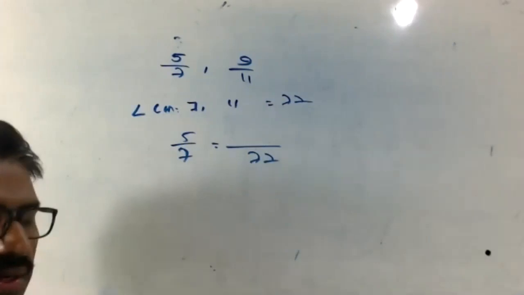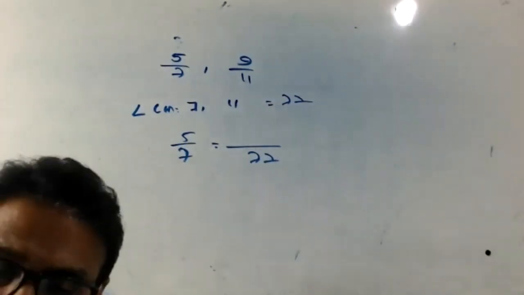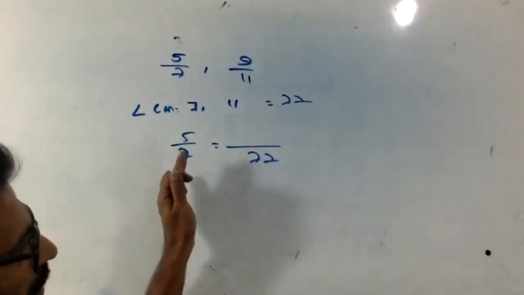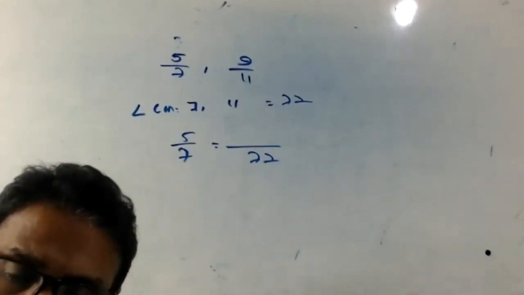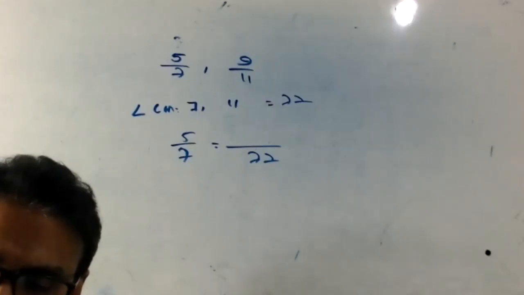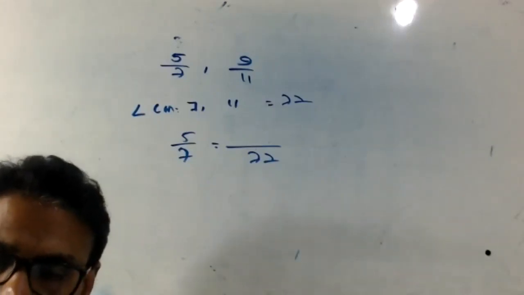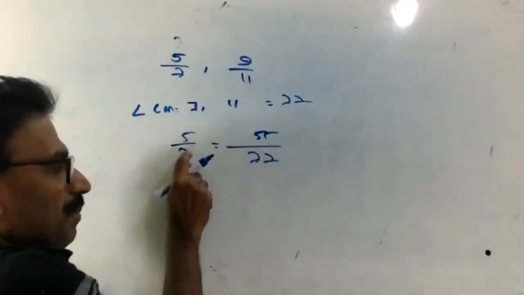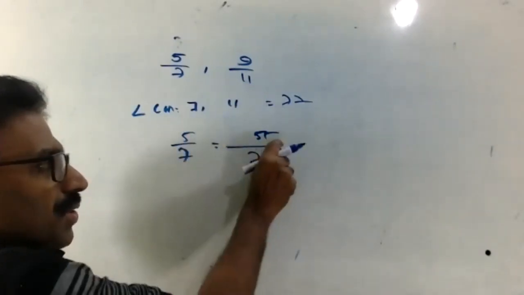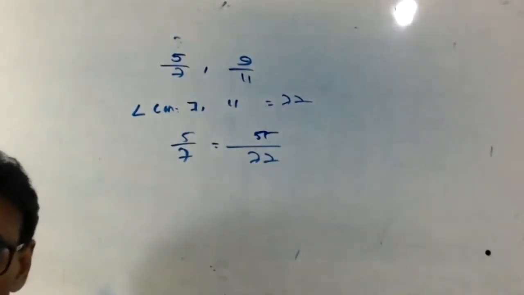How does 7 become 77? We have to multiply by 11. So 5 by 7 equals 55 by 77.